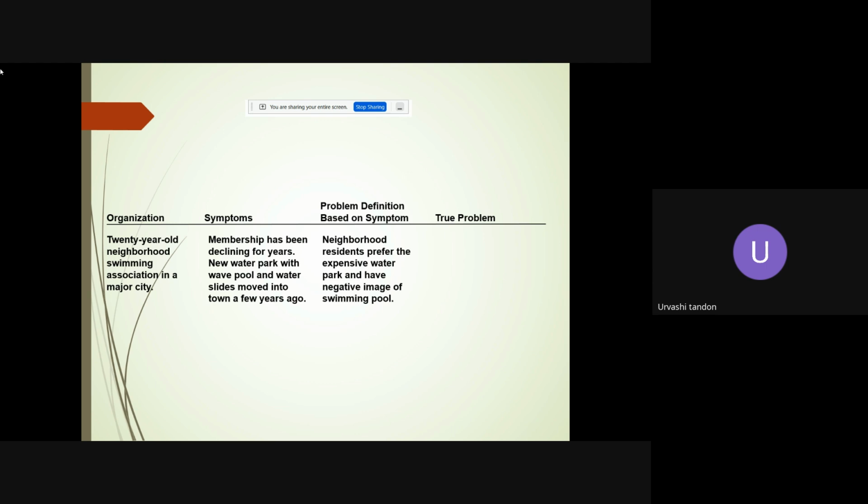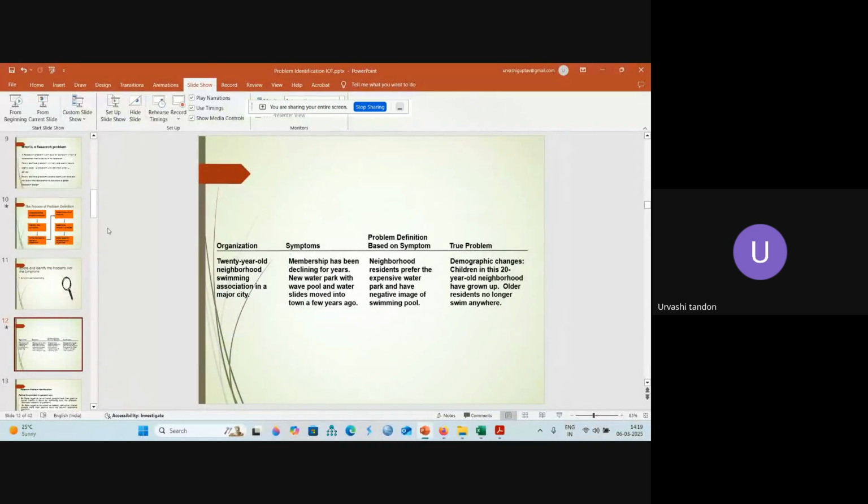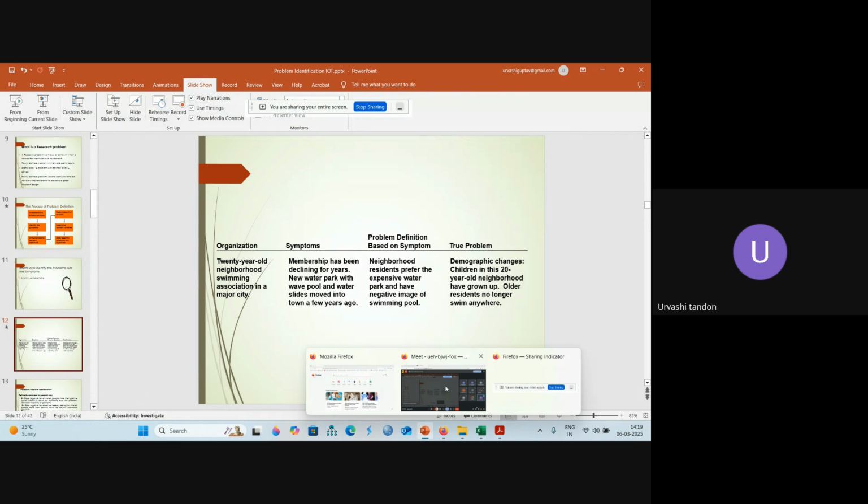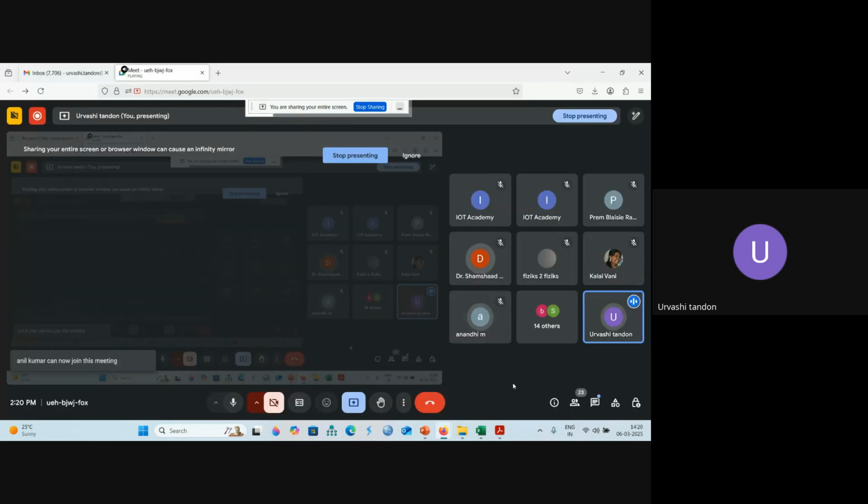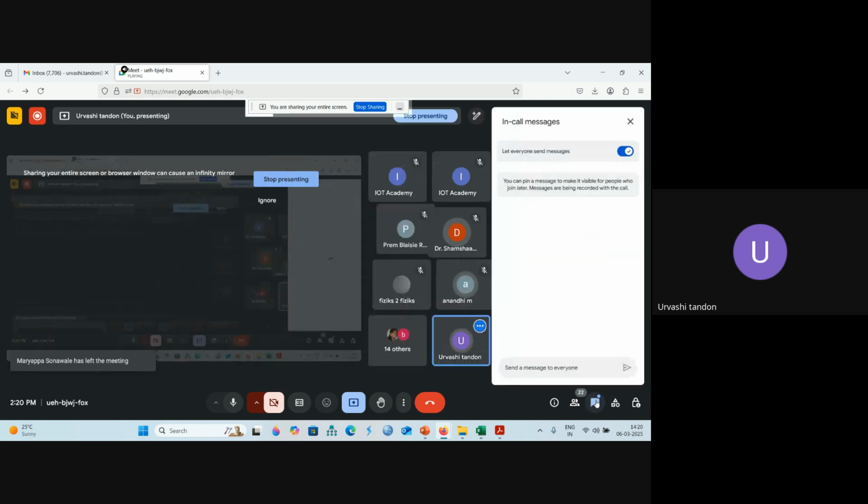Now, but what is the true problem? Anyone who would like to contribute here? What do you think is the true problem here? Yes, anyone, you can unmute yourself and say. You can even write in the chat box also.